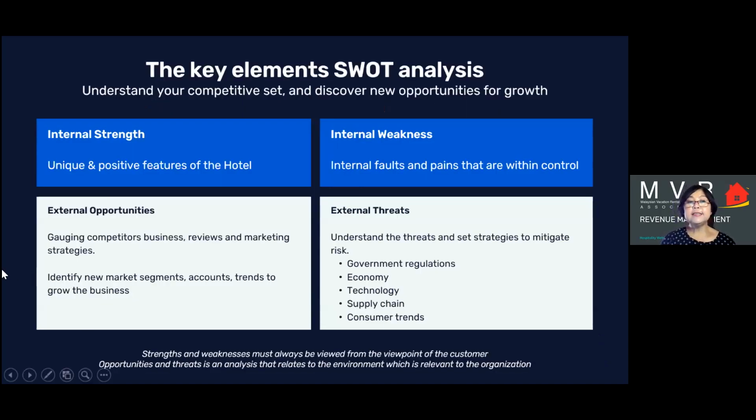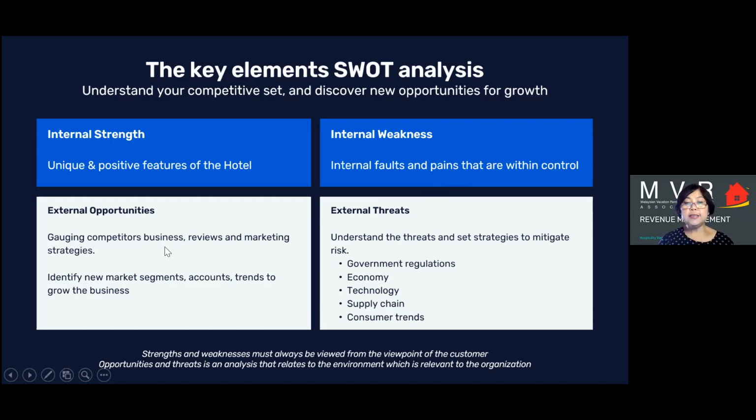SWOT analysis. SWOT is strengths, weaknesses, opportunities, and threats. An internal strength is the uniqueness and positive features of your property. It can be an apartment. For internal weaknesses, you list your internal faults and pains that are within your control.